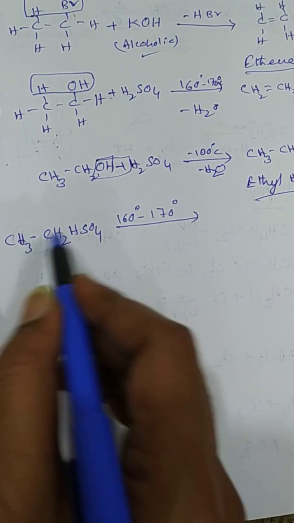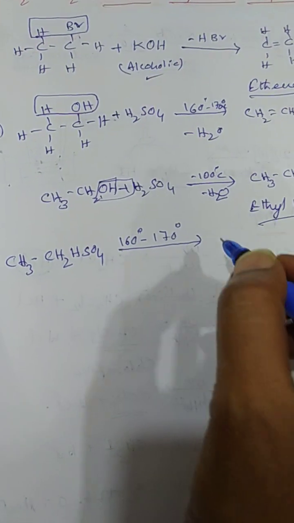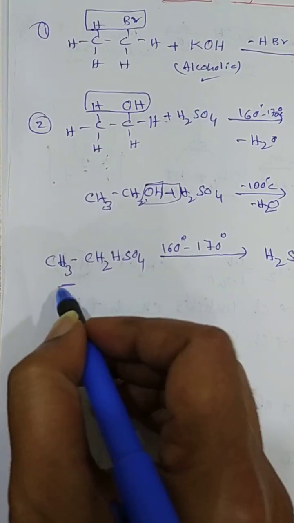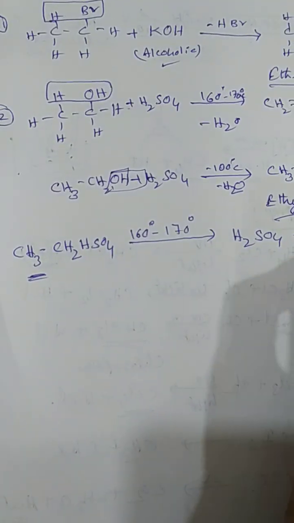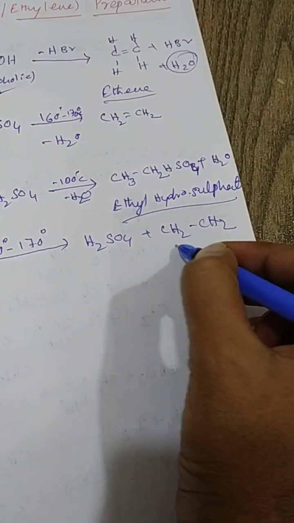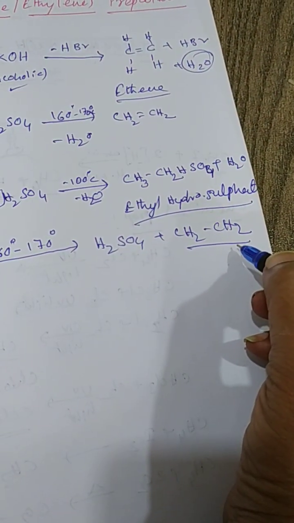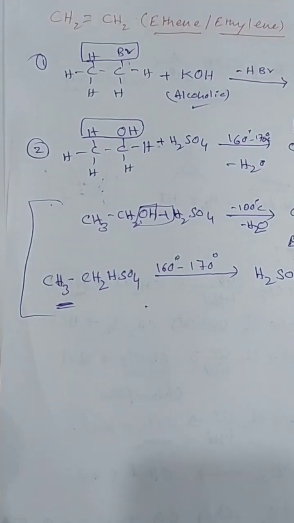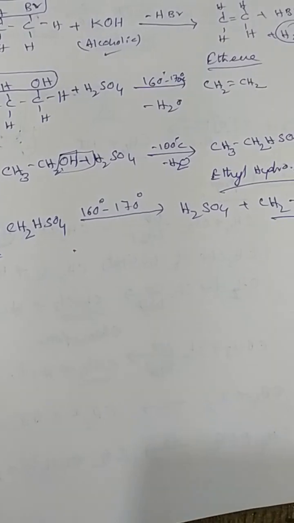It will take one hydrogen and form H2SO4. Here it will take one hydrogen from here and form CH2 CH2. This is ethene, and this method is called the laboratory method.